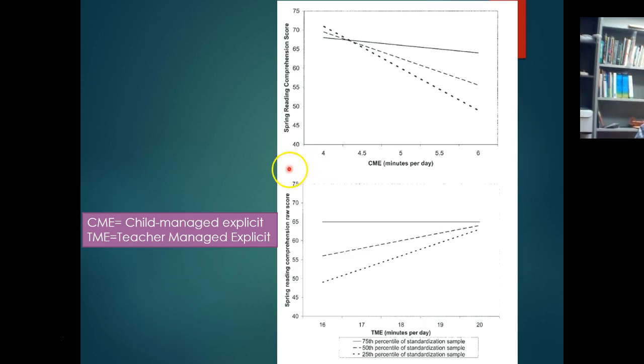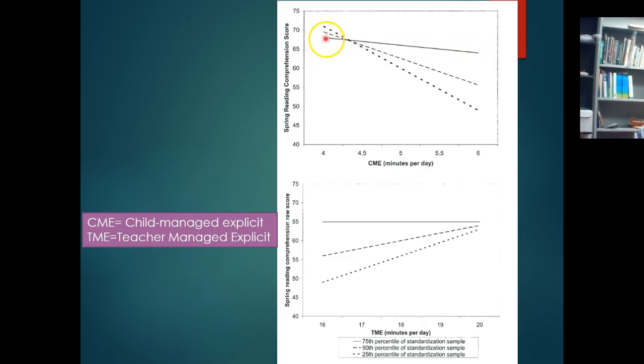And in general, what was found was for students who are in the upper group, the atypically high, as represented by this line, time by themselves doesn't really make that much of an impact on their reading comprehension scores. More time that the students are spending doing that really doesn't impact their scores at the end of the year.